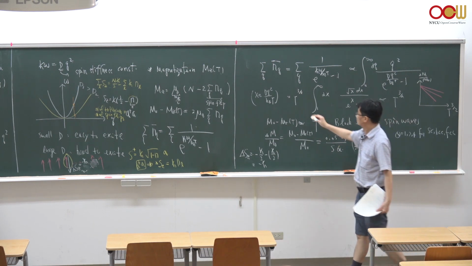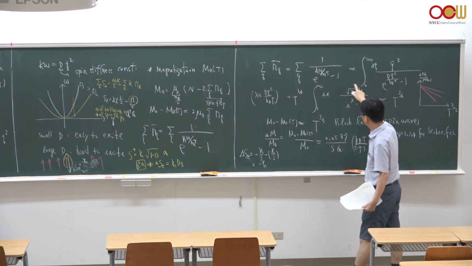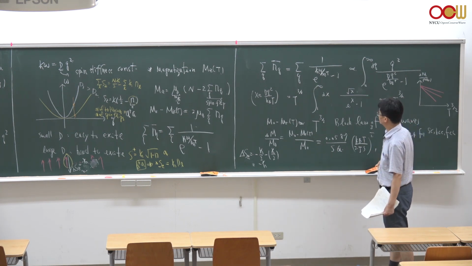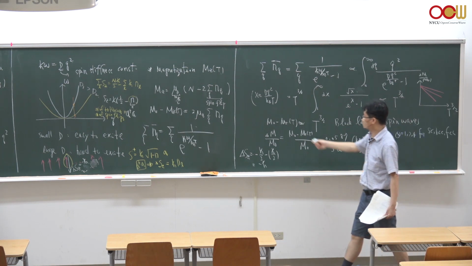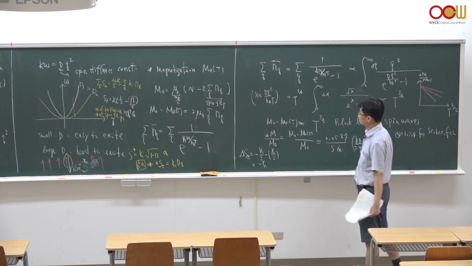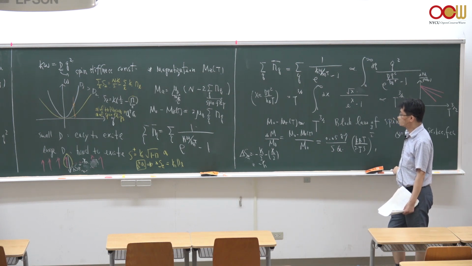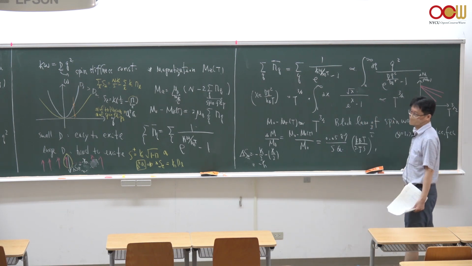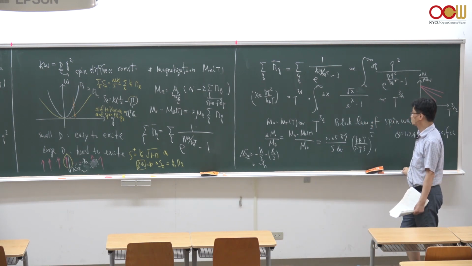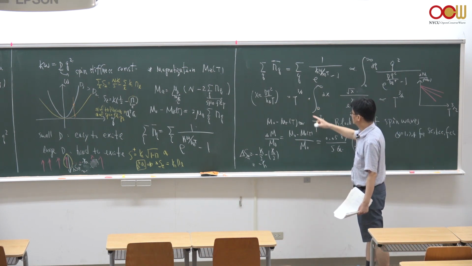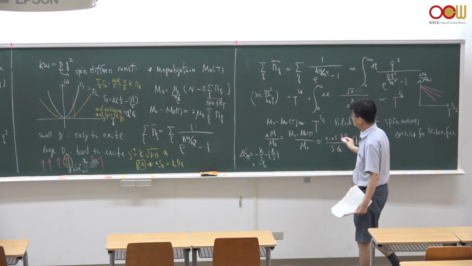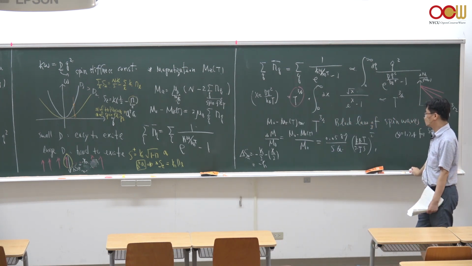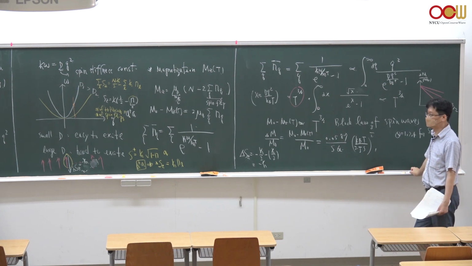You end up doing this kind of dx integration, and inside the integral, this is square root of x divided by e to the x minus 1, where the x is defined by this dimensionless variable D q squared divided by k_B T. And the integration over x is just a constant, some special integration constant. And the most important part of this calculation is this temperature to the power of 3/2 for a 3-dimensional ferromagnet.